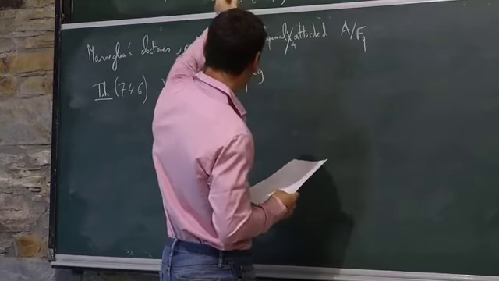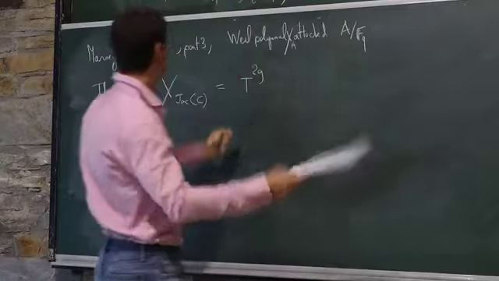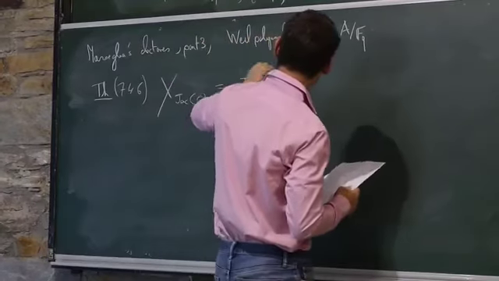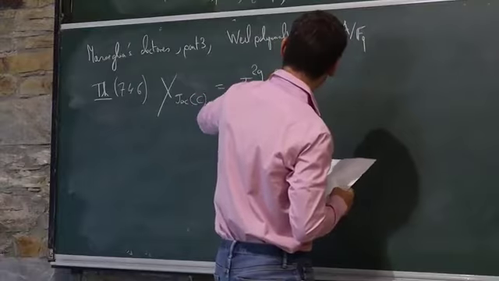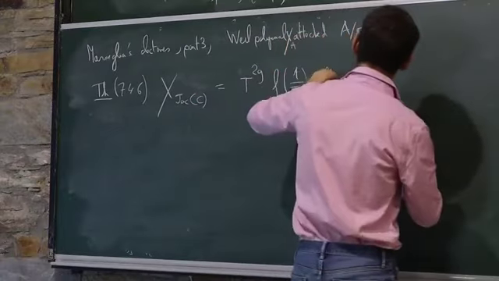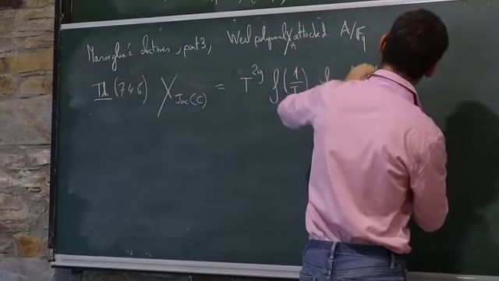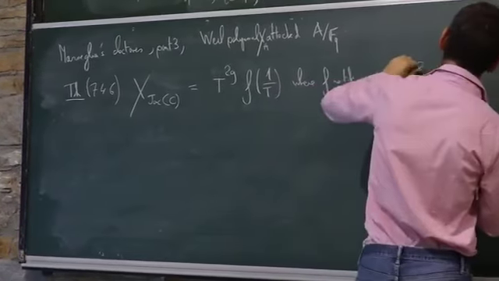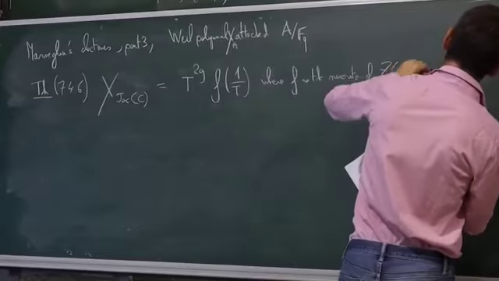So you just have to invert the coefficients in the polynomial symmetrically. It's t to the 2g times f(1/t), where f is the numerator of the zeta function of k of C.